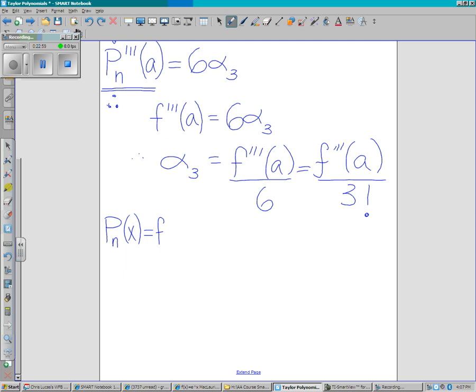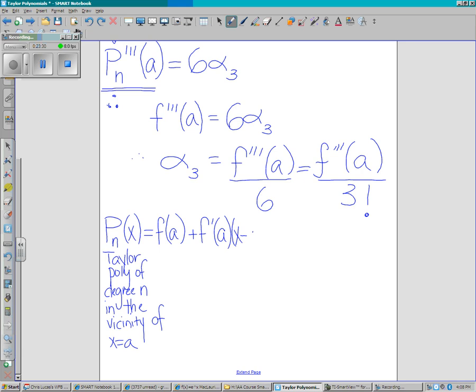A Taylor polynomial of degree n in the vicinity of x equals a is equal to the function at a, plus the first derivative at a of the function times x minus a, plus the second derivative at a over 2 factorial times x minus a squared, plus the third derivative of f.